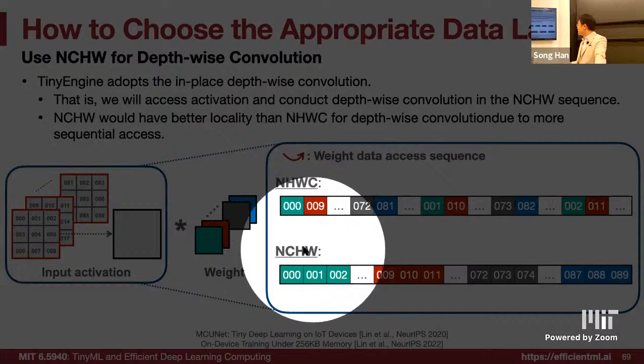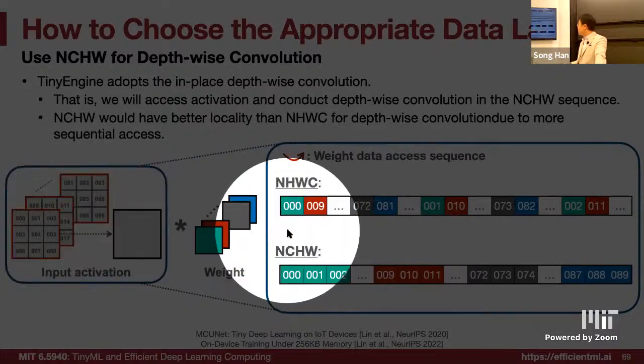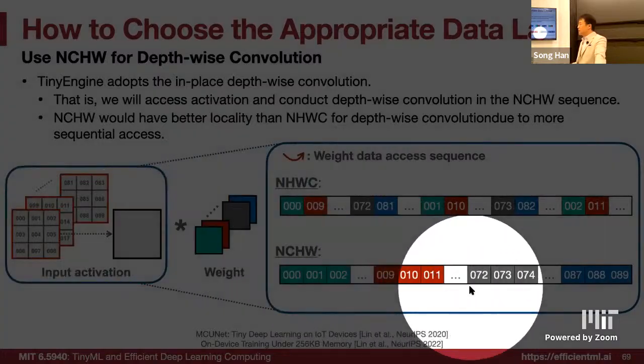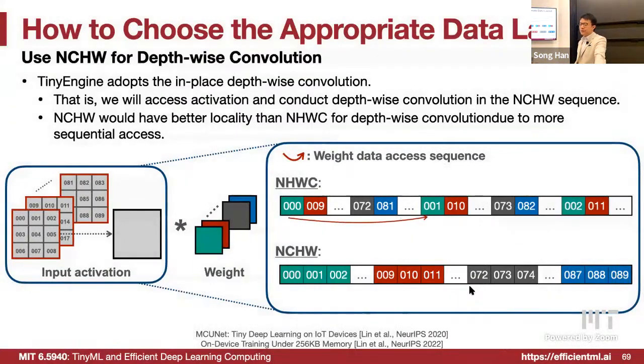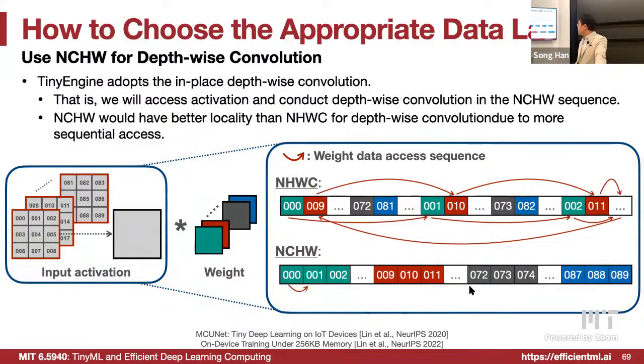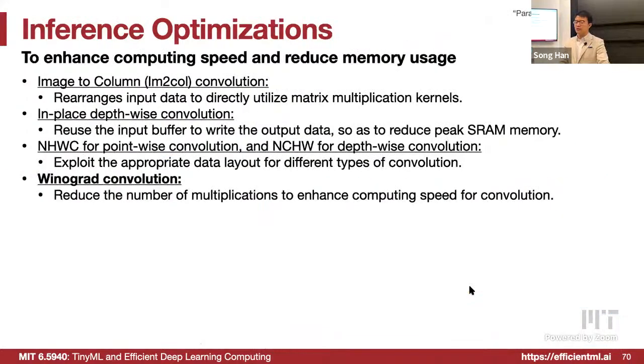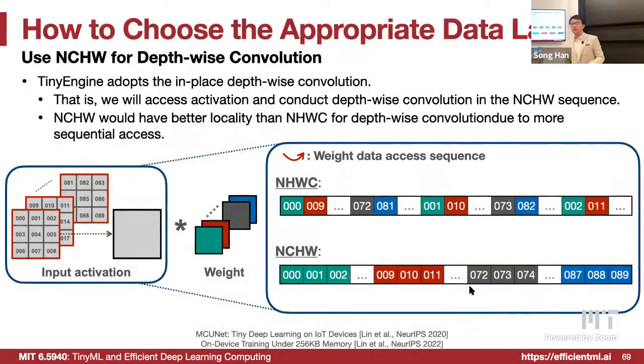But if you use NCHW, everything in green will be laid out first, and then red, and then gray. So for depthwise convolution using NHWC, there will be a lot of discontinuous memory access for the red. And for the NCHW manner, the memory access will be continuous. Okay. So depthwise and pointwise actually prefer very different memory layouts. Any questions so far?